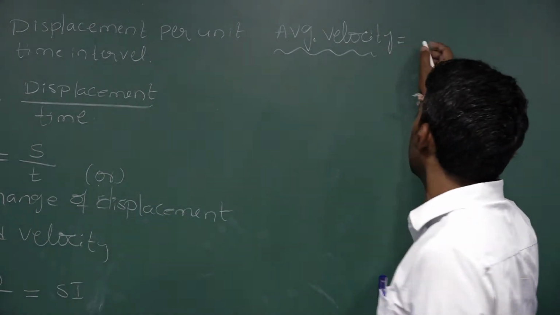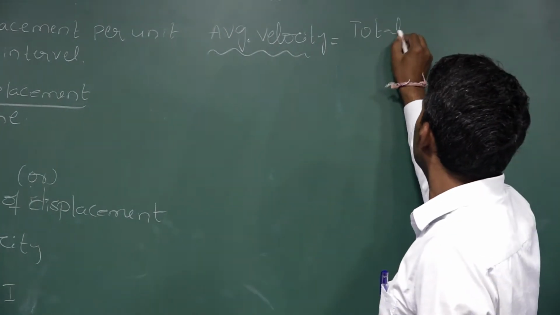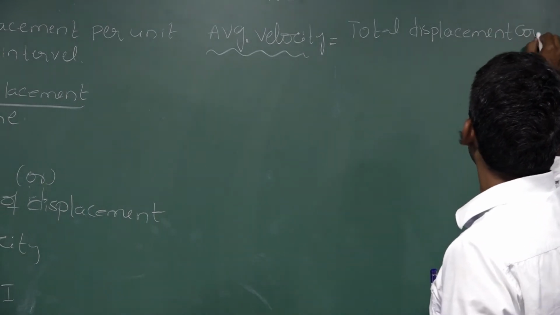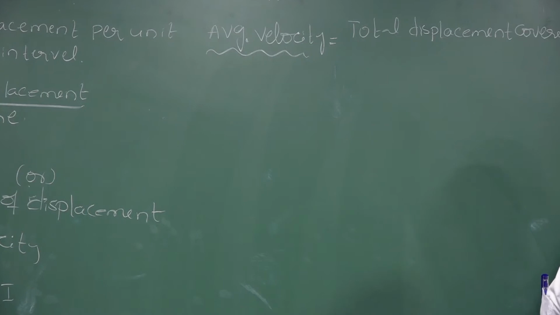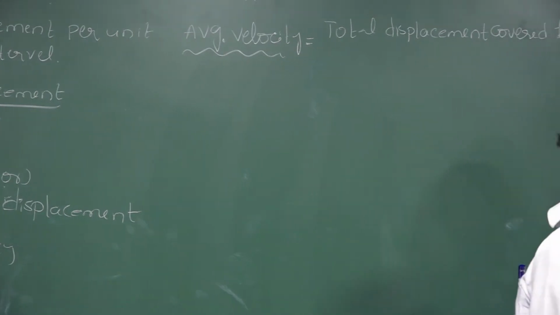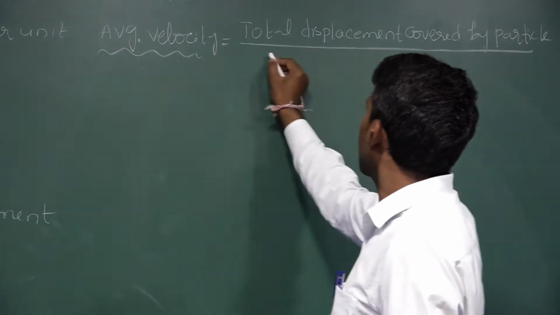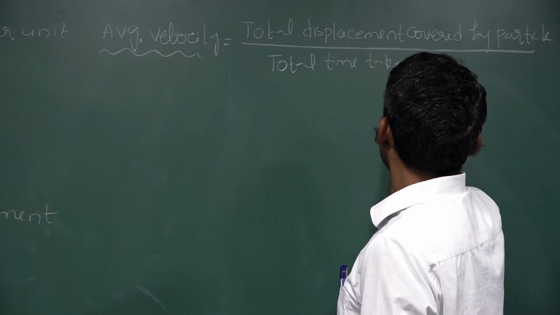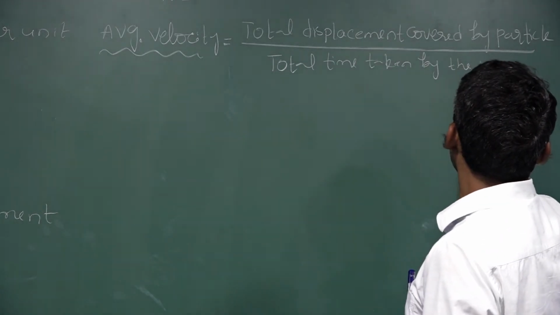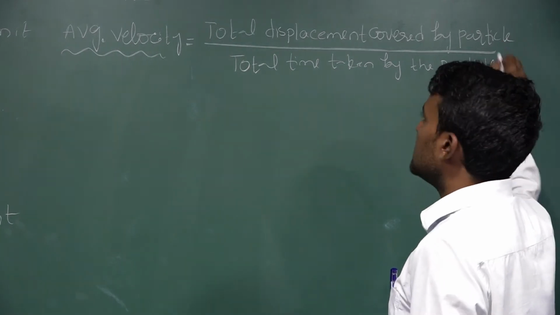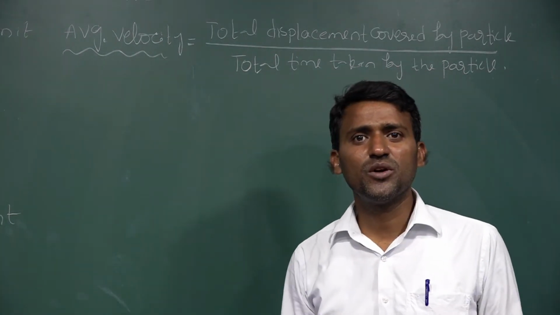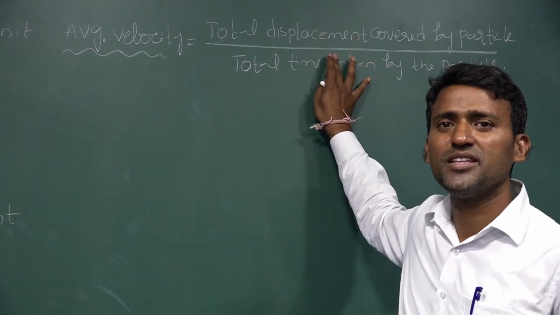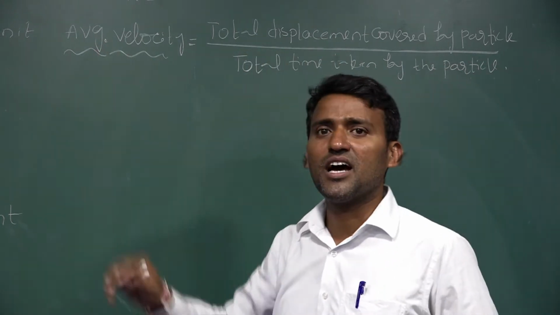So we can write the equation: total displacement covered by the particle divided by total time taken by the particle. So that we call average velocity.